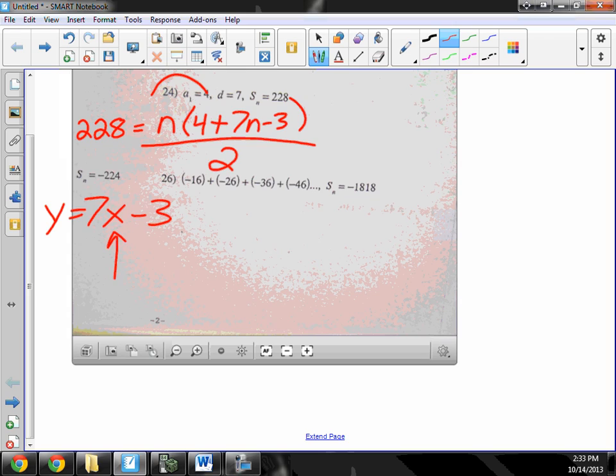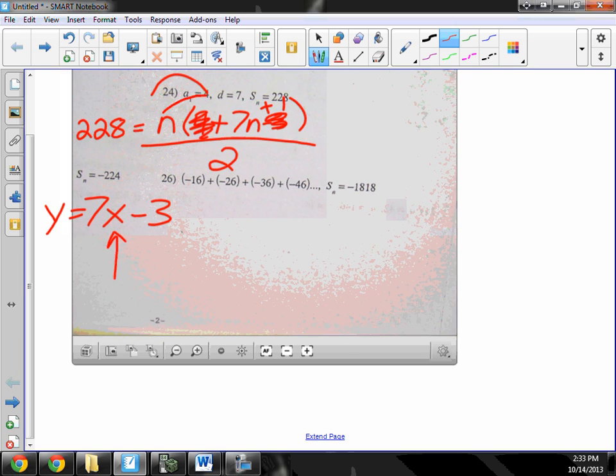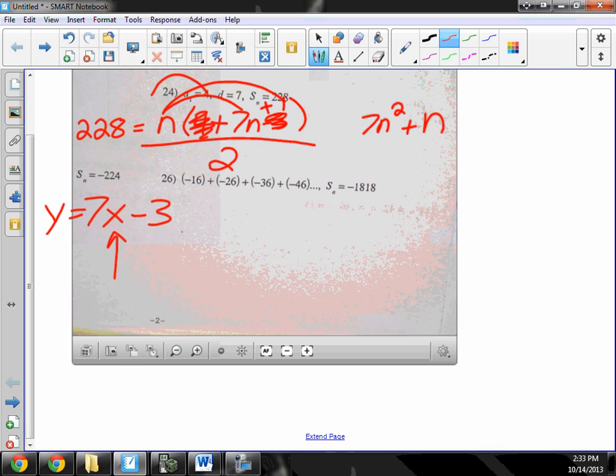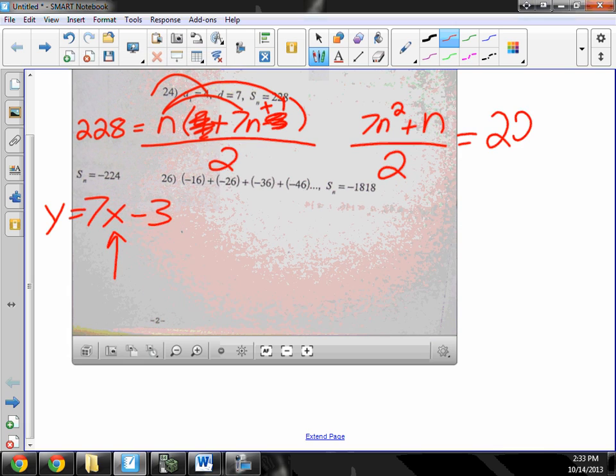Now I'm going to make this a little bit easier on myself. What is 4 minus 3? 1. So really, this is just plus 1. And that'll save me a little bit of time. So, multiply through. I get 7n squared plus n over 2 equals 228.